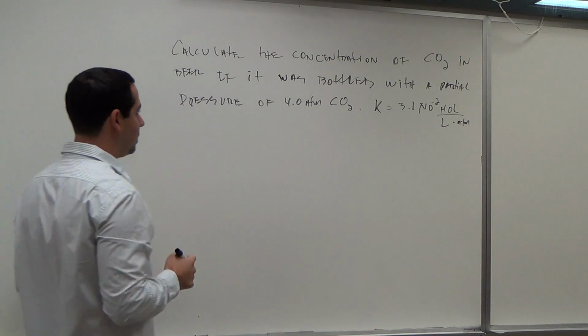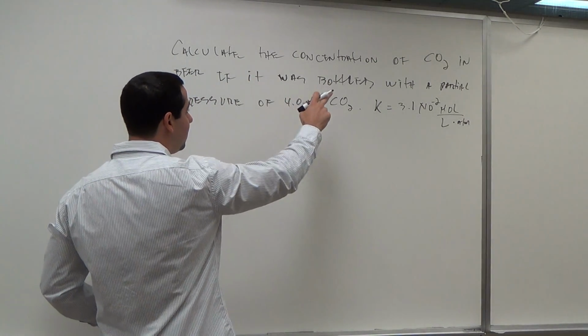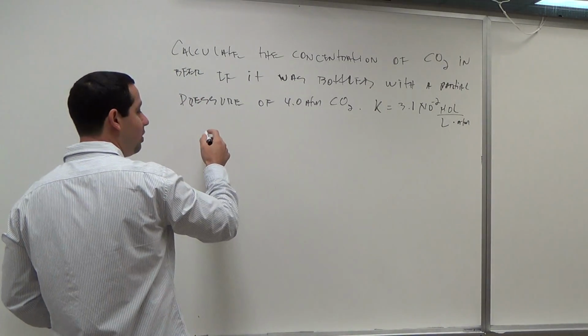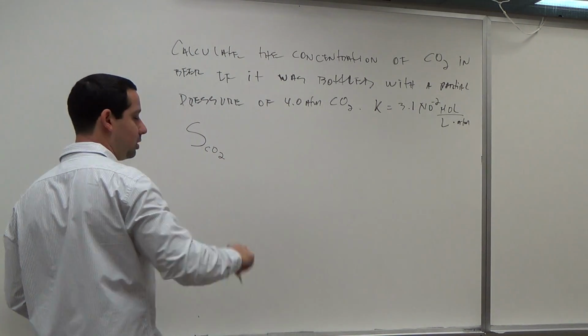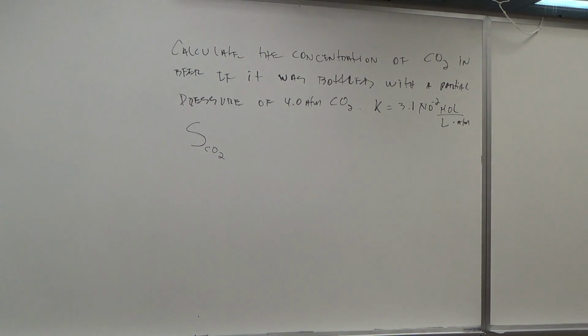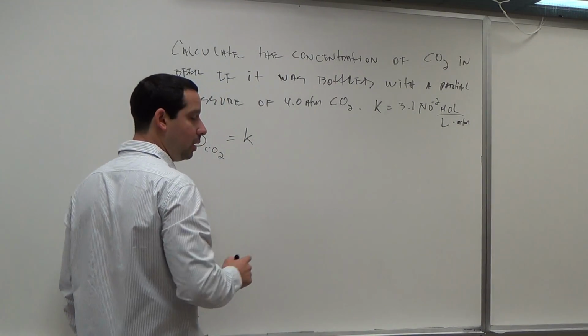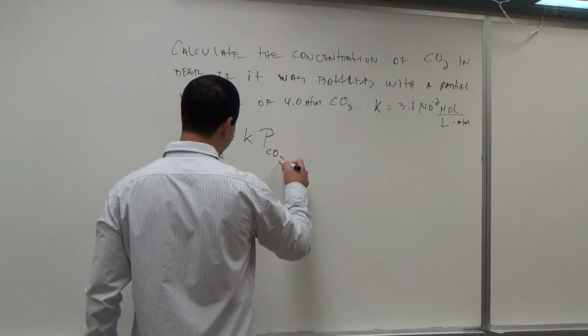All right. So this is about Henry's law. It is about the solubility of a gas in a liquid. The equation for Henry's law is the solubility, and here I'm going to write the gas. The solubility of CO2 is equal to a constant, K, times the pressure of that CO2 above the liquid.